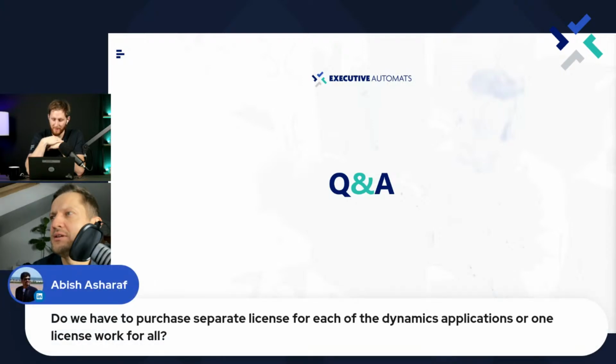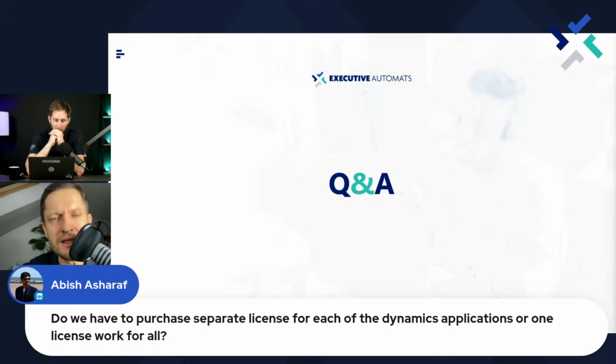Next question: do we have to purchase a separate license for each of the Dynamics applications, or does one license work for all? Well, I don't know if I correctly understood the question, but if you are thinking that you need different licensing for FO and different licensing for CE, no, this is a license which covers all.